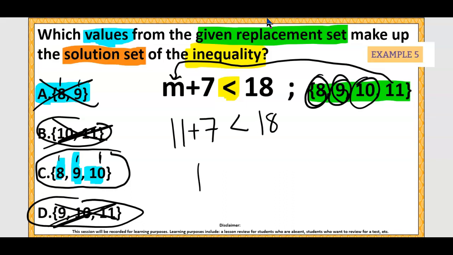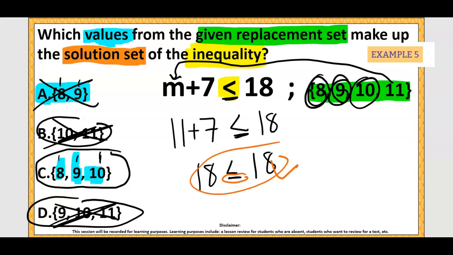Let's see, 11 plus 7 is 18, and 18 is not less than. No, so that's not going to work. However, if they put here less than or equal to, then you would have to say yes, because this means less than or equal to. It's not less than, but it is equal to. But alas, they didn't do that. So 11 does not work.